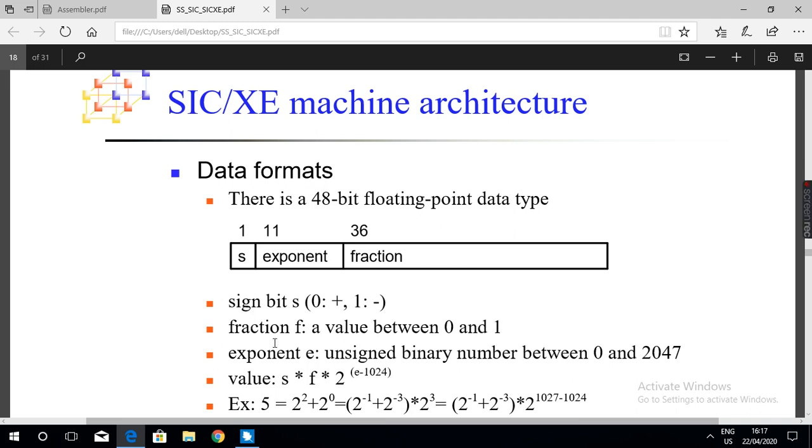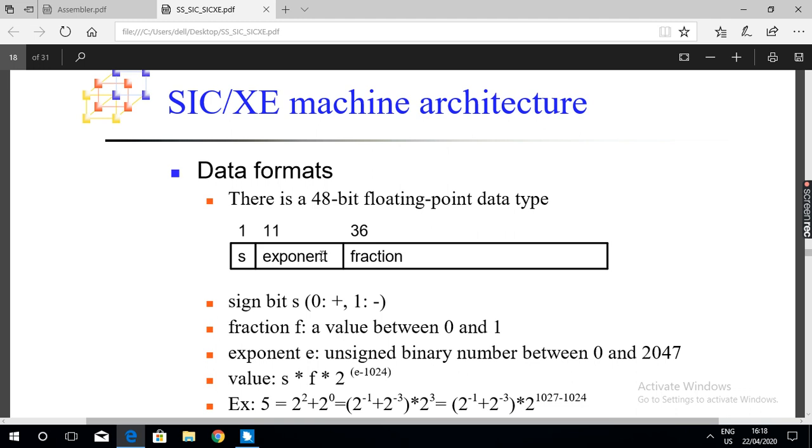Normally the range of the fractional value is between 0 and 1. Next, 36 bits are reserved for storing the fraction part, and 11 bits to store the exponent part.